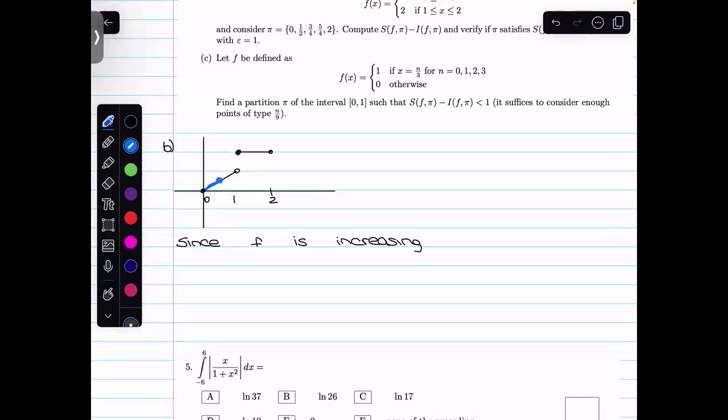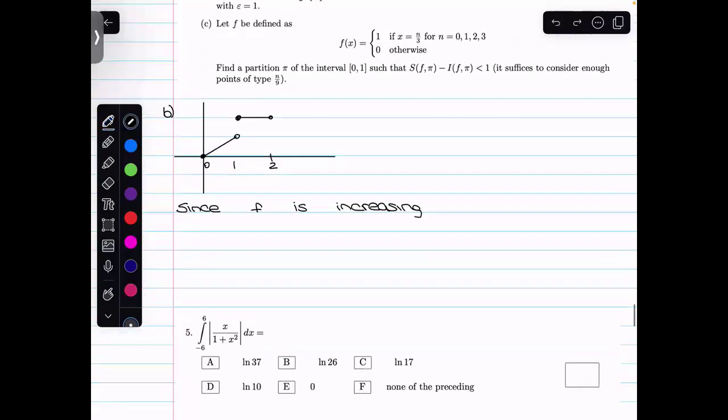So the infimum is the value of the function at 0, and the supremum is the value of the function at 1/2. So my point is, we can just immediately say that all of the infimums, which we call lowercase m, are the points on the left, and then the other ones on the right. So we're going to use these points for the lower integral sum, and then the other ones for the upper.